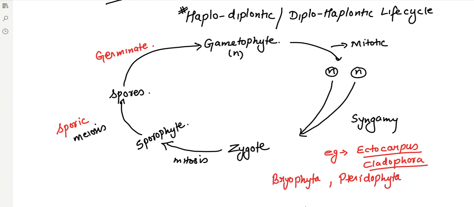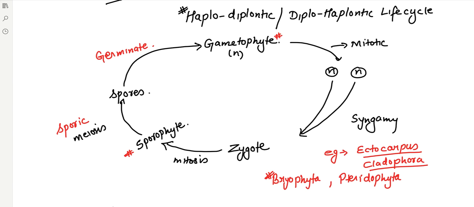Now see here, bryophyta is the group of plant which is haploid in nature. So if I check this same cycle, for bryophyta the cycle will start from here: they will produce gamete by mitosis, they will undergo syngamy, zygote, mitosis, sporophyte, spores to gametophyte. But when we talk about pteridophyta, it is a diploid plant. So the life cycle will start from here.